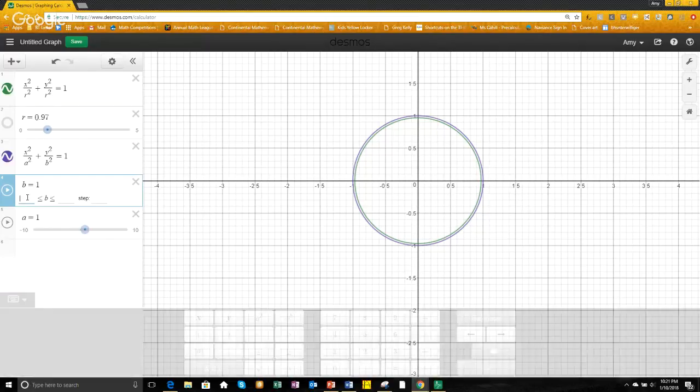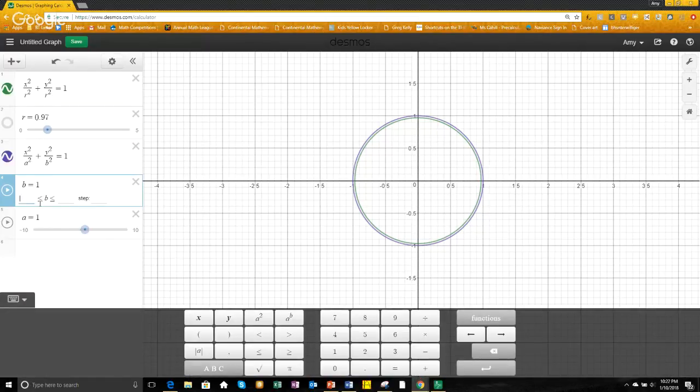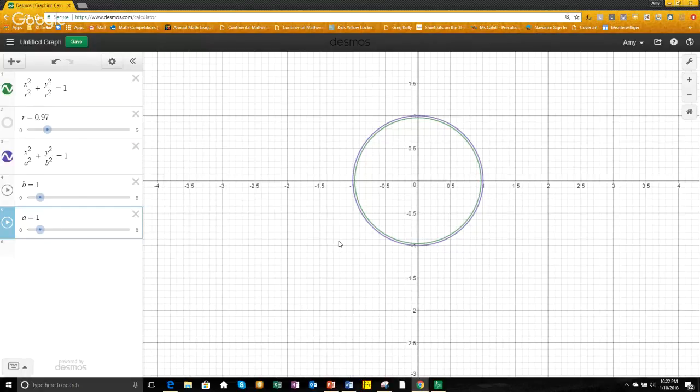They're both 1 here, but I'm going to click on this, and we're going to go from 0 to, I don't know, 8. And then we'll do the same thing here, from 0 to 8. And I'm going to get rid of the circle here.